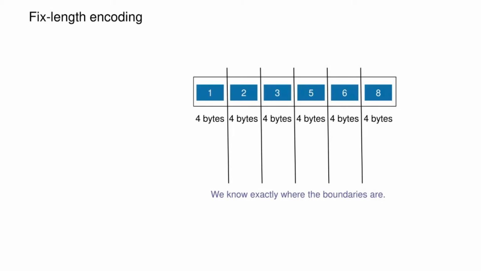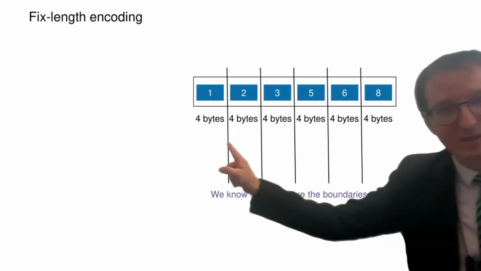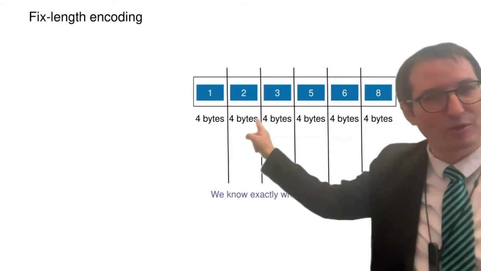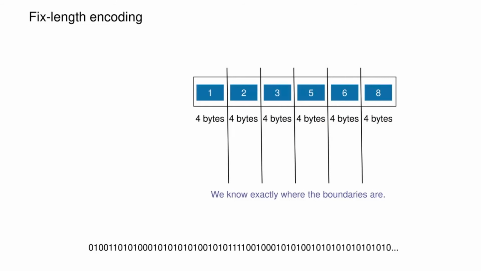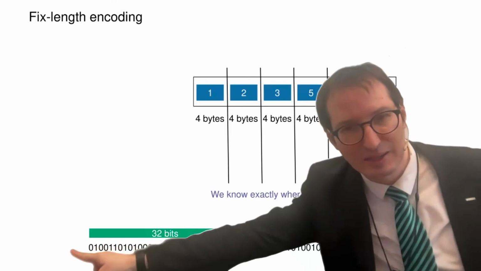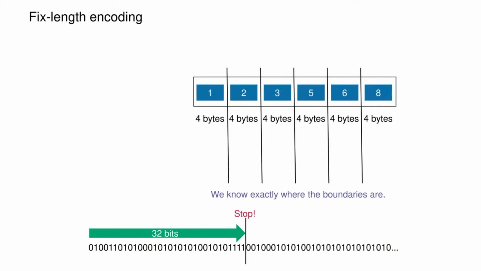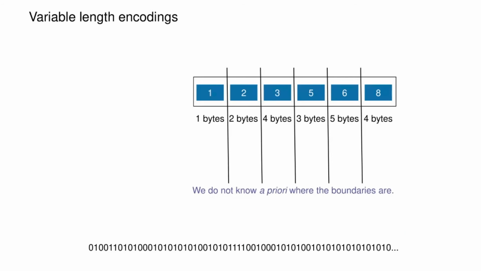But this is because we have a constant length and they're all stored on 4 bytes. Now, it means that even if I would give you the sequence of bits, like you're really looking at the actual memory, you know exactly that you read 32 bits, you read 32 bits, you stop here, then you read 32 bits and so on. So you have all the information you need to decode.